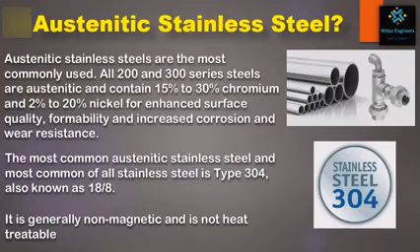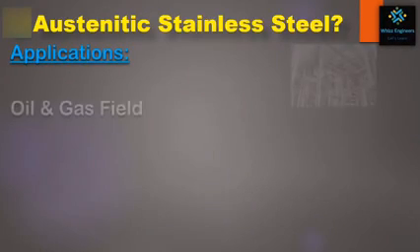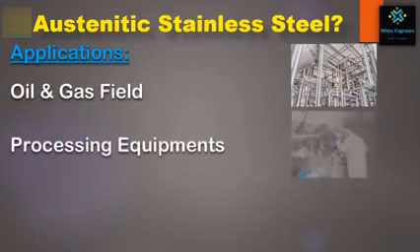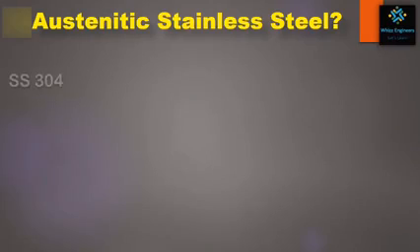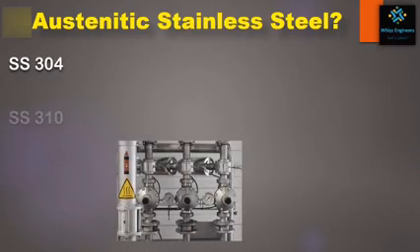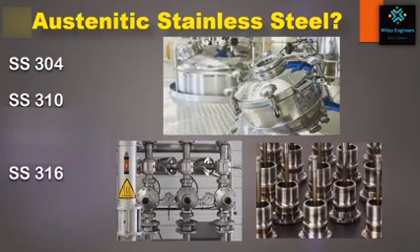Generally it is non-magnetic and non-heat treatable. So austenitic stainless steel is used in oil and gas fields, piping, processing equipments and cookwares. So SS304, SS310, SS316 and SS321. These are some of the grades of austenitic stainless steel.